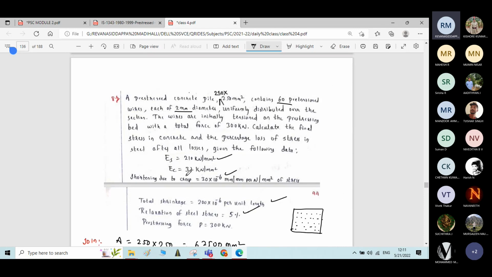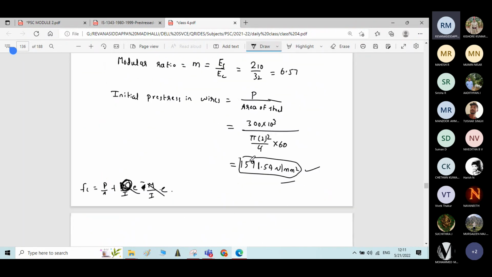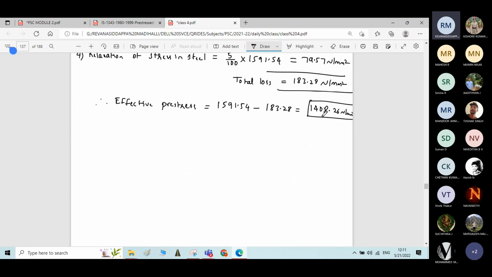Now go to the question. What is the question here? Calculate the final stress in concrete. The effective pre-stress after considering all the losses is 1408.26 Newton per mm square. Therefore the effective pre-stressing force is equal to effective pre-stress into area of the cable.